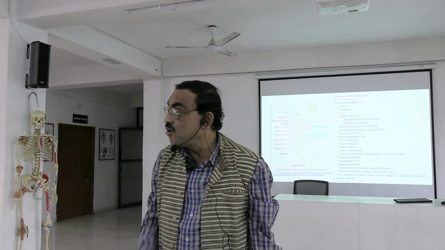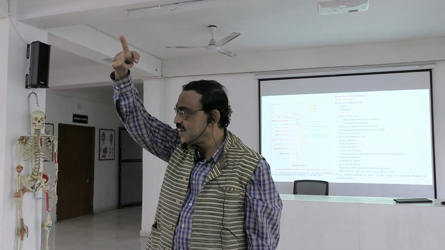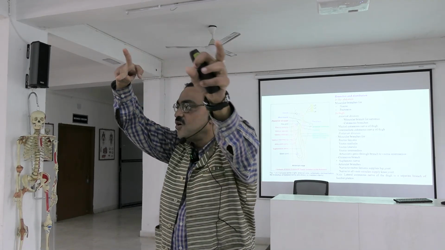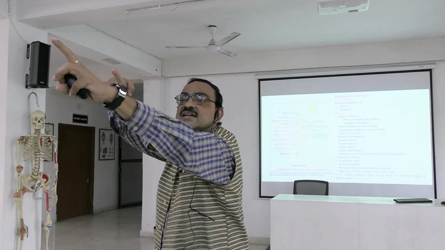So these 4 muscles are supplied by the posterior division. This posterior division is for vastus medialis, vastus intermedius, vastus lateralis, and rectus femoris.